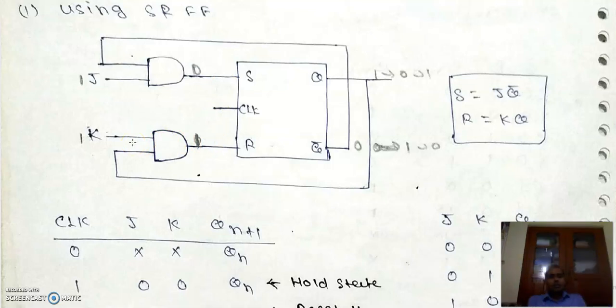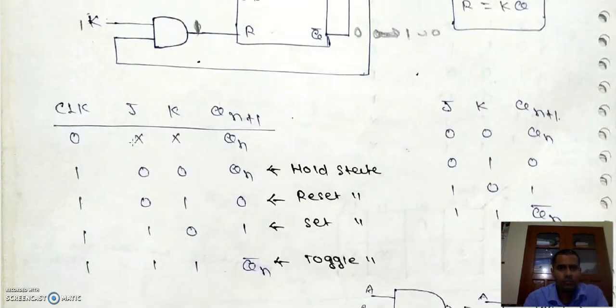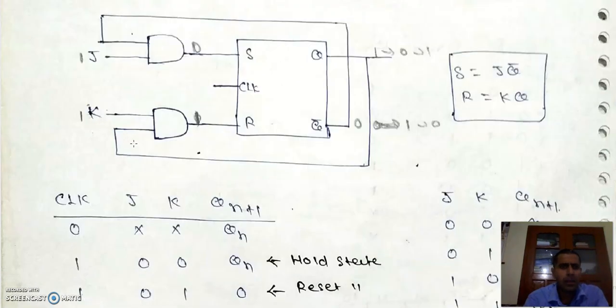So in this case we have to consider Q as either 0 or 1. Again here, if we apply 0 then 1, we have already proved 1 and 0.